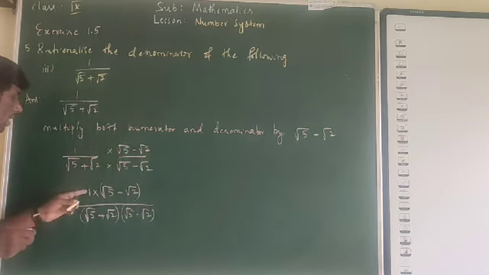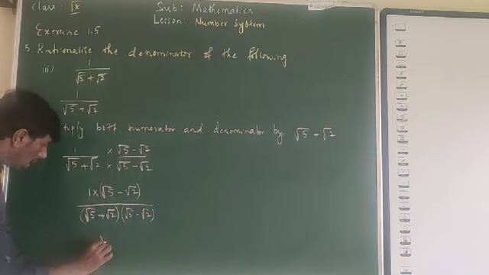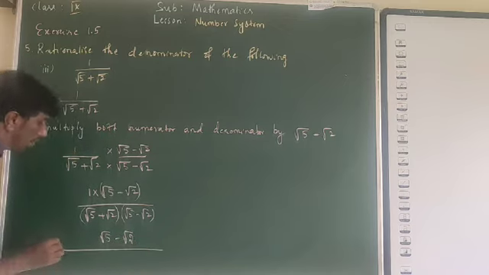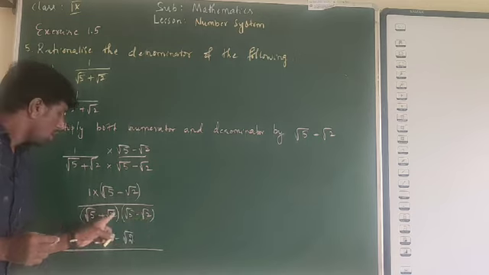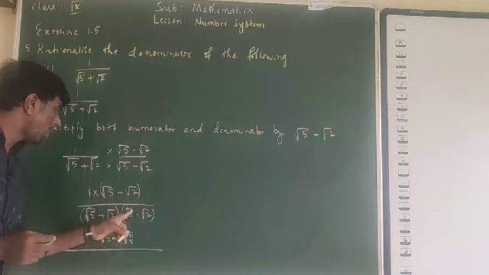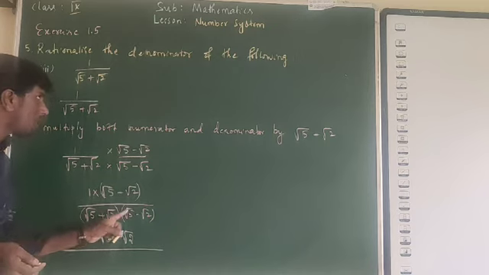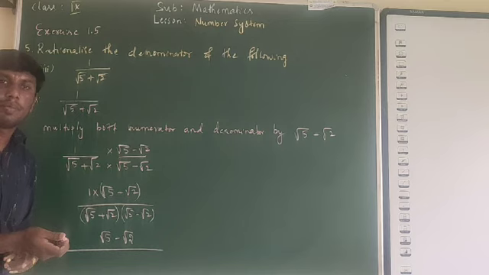In the numerator, 1 into root 5 minus root 2 is root 5 minus root 2 only. In the denominator, a plus b into a minus b will be equal to a squared minus b squared.